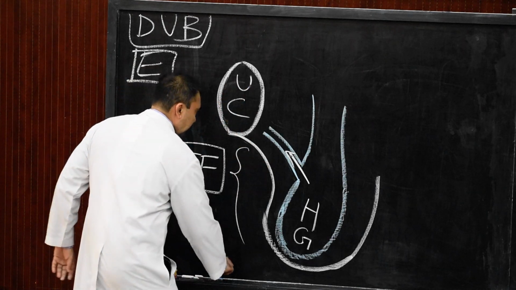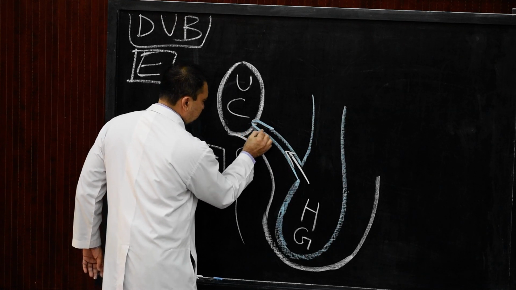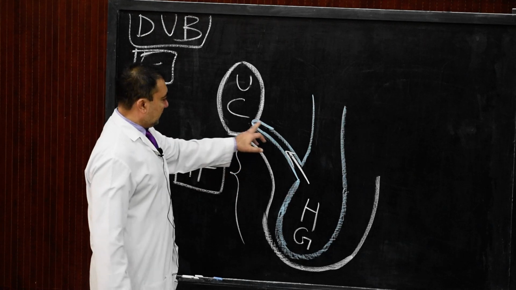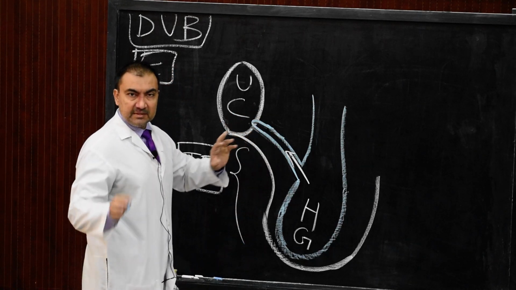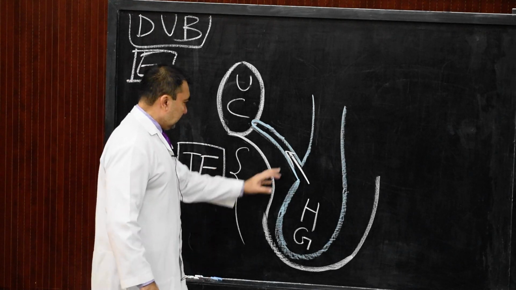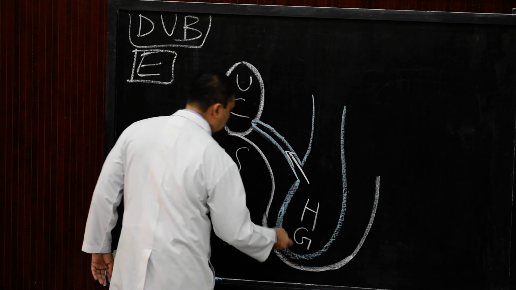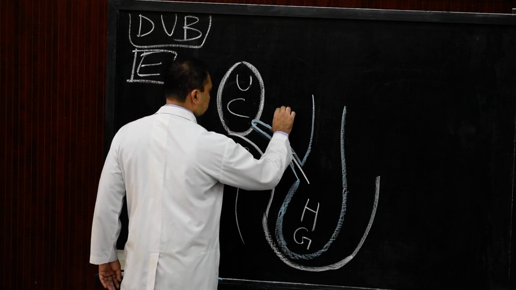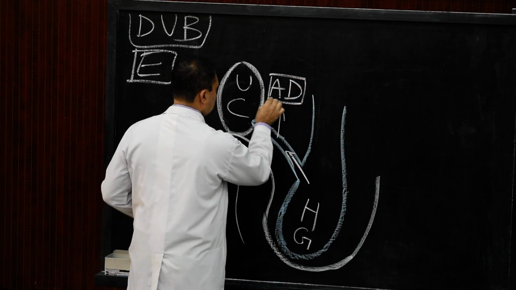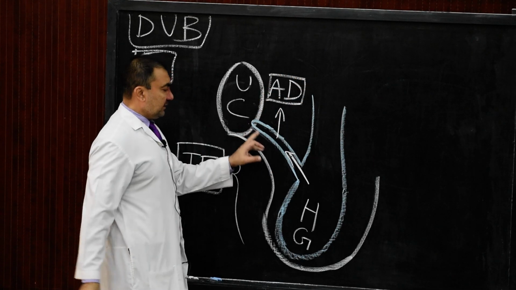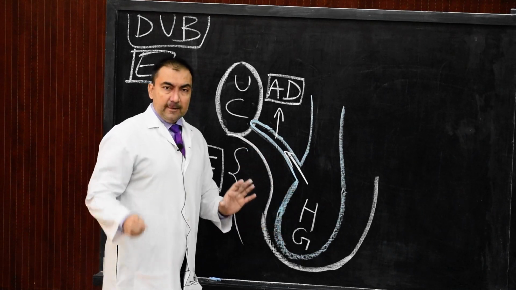So here we show that this is the tip of allantoic diverticulum, which will communicate with the umbilical cord. Very simple. Let us name this allantoic diverticulum, which is the ventral communication of the hindgut.